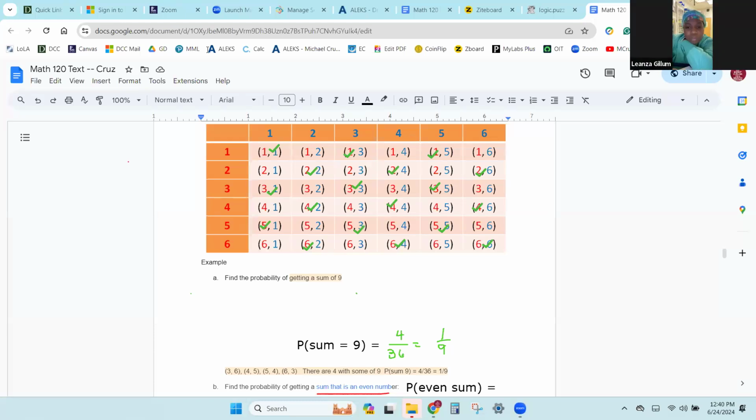It's 18. And 18 over 36 is equal to 1/2. So the probability of the sum being an even number is 1/2 because half of them are even. The other half are odd.